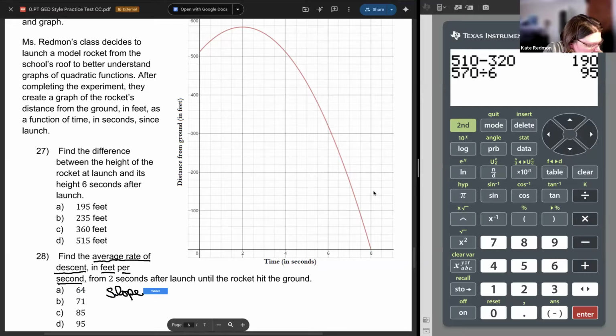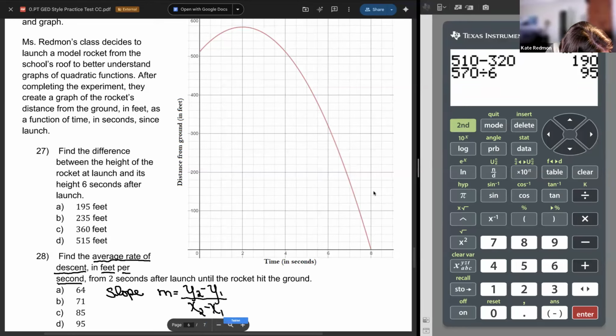A slope is a rate of change, so an average rate of descent. Now, the second I knew I was looking at slope, I can bust out that slope formula. And this is on your GED formula sheet if you don't know it, but it's m is equal to the change in y, y2 minus y1, over the change in x, x2 minus x1.